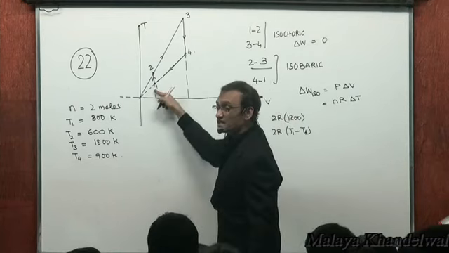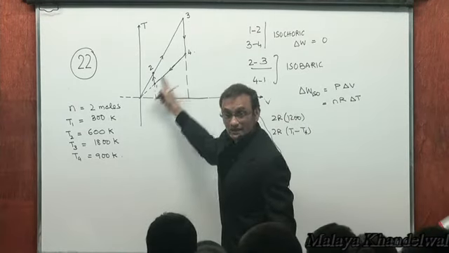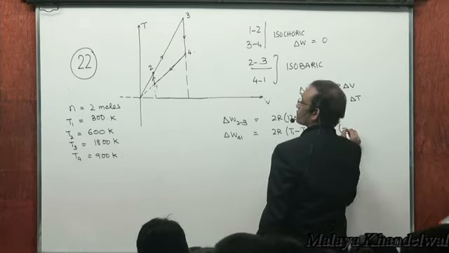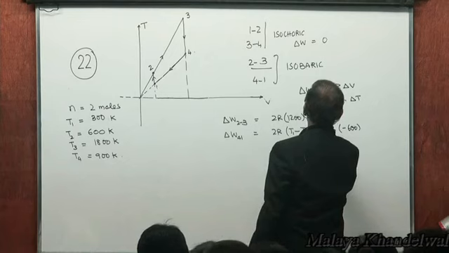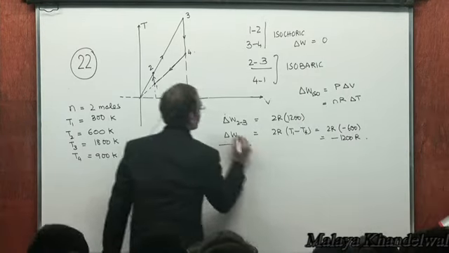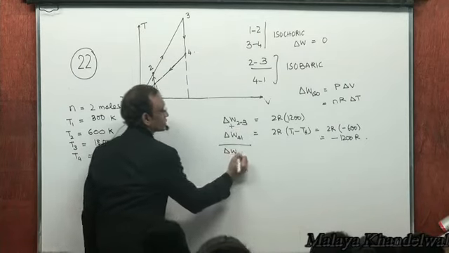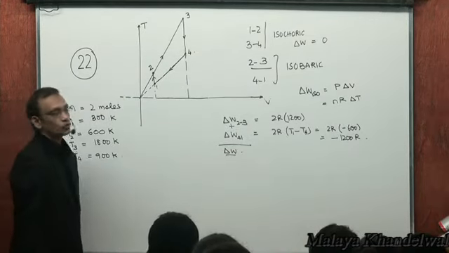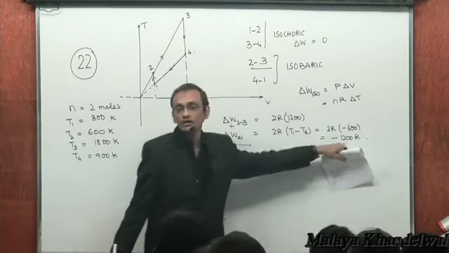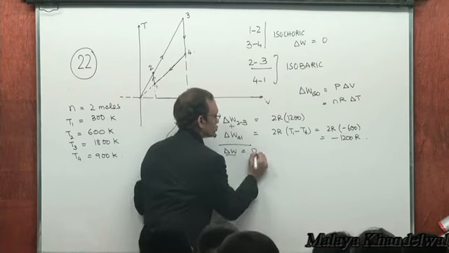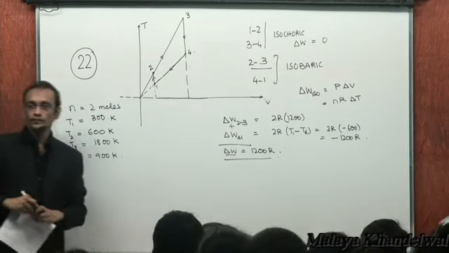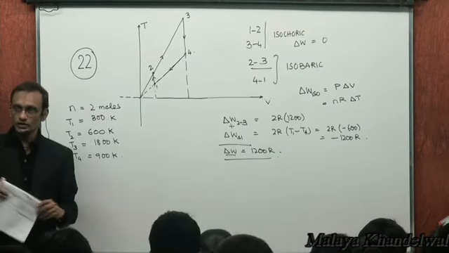You can see there is decrease in volume, work done must have been negative. So which is 2R into T1 minus T4, which is minus 600. So that makes it minus 1200 R. Total work done would be the algebraic sum of these two. That means 2400 R minus 1200 R, the total work done is going to be 1200 R joules. Is it okay?